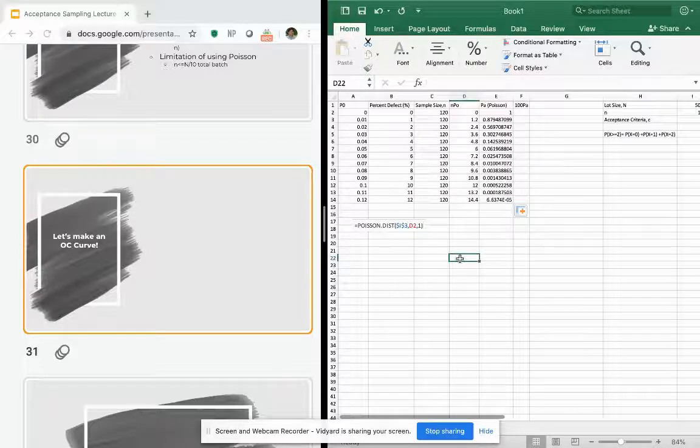So let's calculate the percent of probability of acceptance. So essentially now we have the percent probability. To get the percent, we're going to multiply by 100.